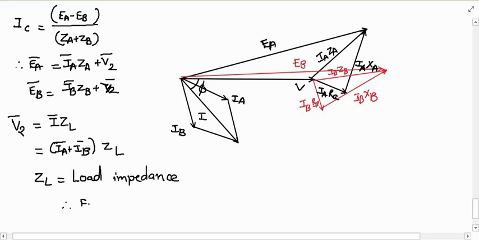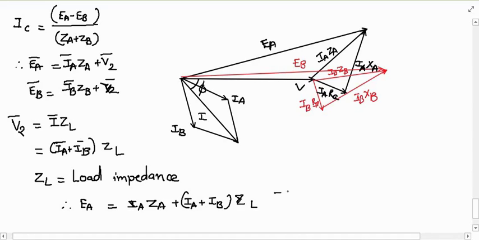Therefore, I can write down EA equals IA ZA plus V2. So what is V2? V2 is nothing but I into ZL. But what is I? I is IA plus IB. So I will put the value of V2 here in terms of IA and IB only, into ZL.